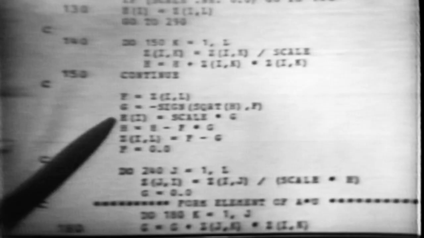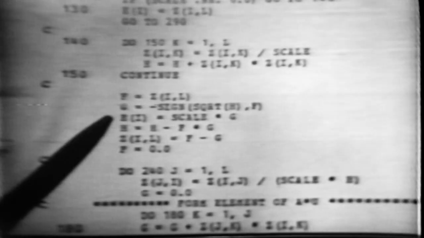Now we pick off n, n minus 1. In the example on the board, that was zn4. That's the crucial number that determines the sign of the square root. We take that square root, take the sign of that element, and take the negative of that. And we remember that with the scale factor in E(I).